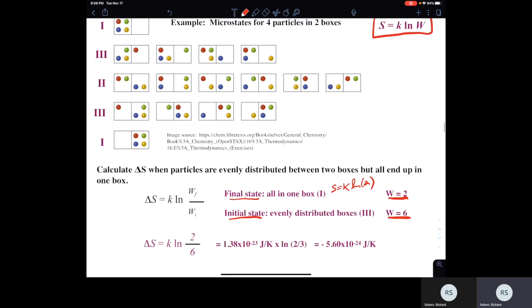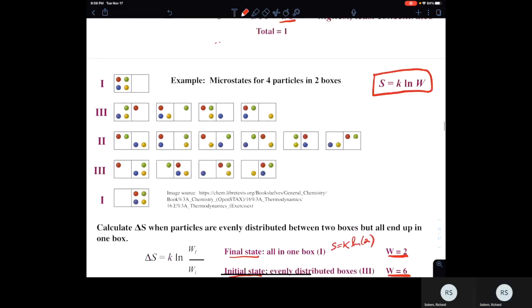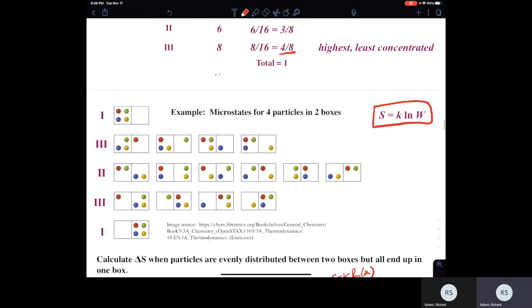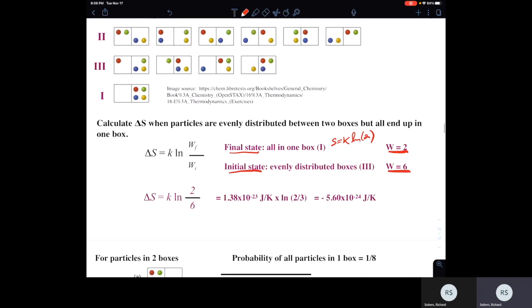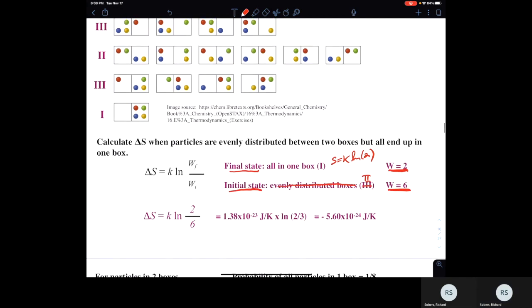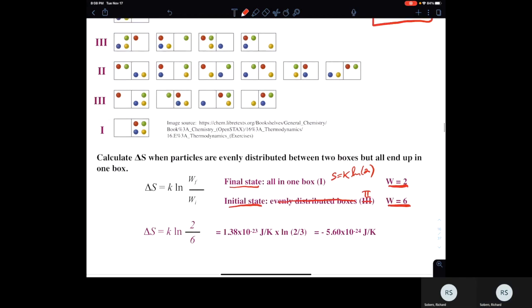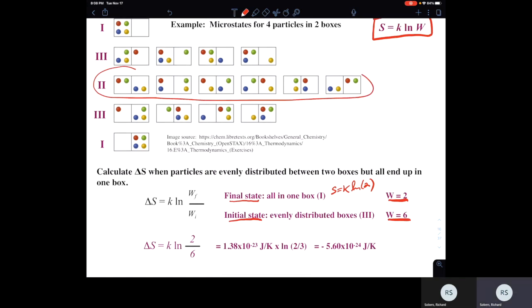Let's, I messed that up. Let's say, because I've already done the math, let's say this is condition 2. So instead of evenly distributed, oh no, that is right. I'm sorry. Yes, condition 2, evenly distributed.